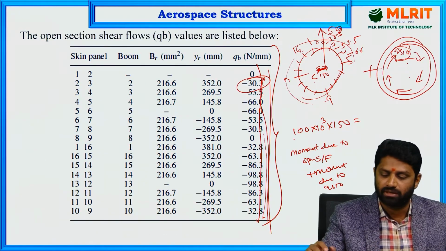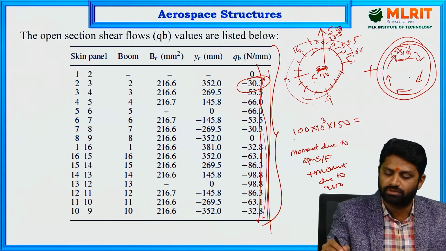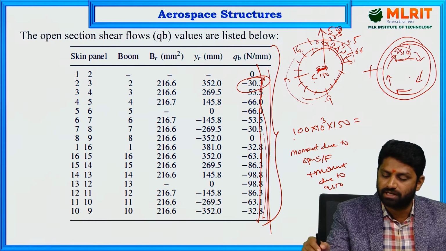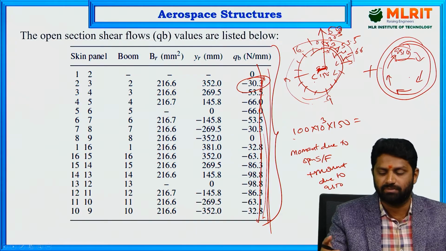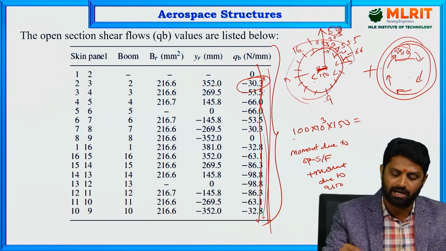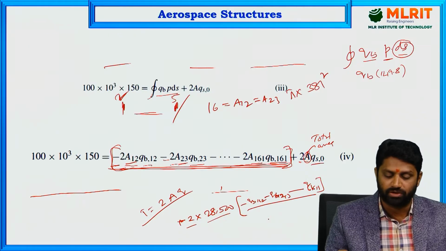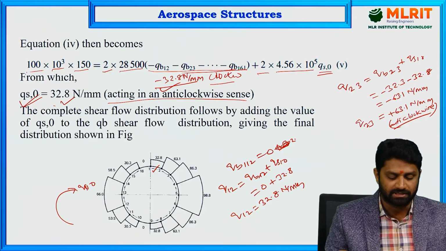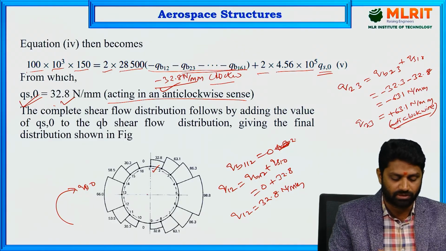For example, here you got negative, so for 2, 3 you can assume the same direction since we got negative, and now you superimpose that clockwise direction on this one, then all the shear flows will be added up. Sometimes it may be subtracted also. So superimpose all this and add to all these shear flows, and you are going to get the actual shear flows. So the actual shear flow distribution is depicted here, and shown in the diagram.